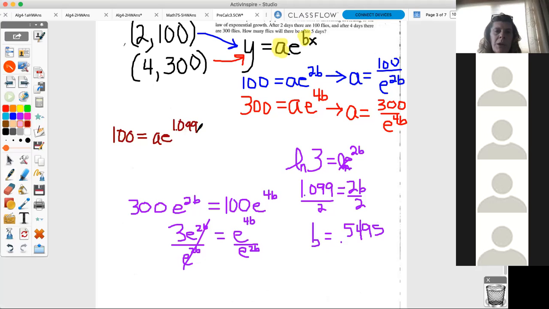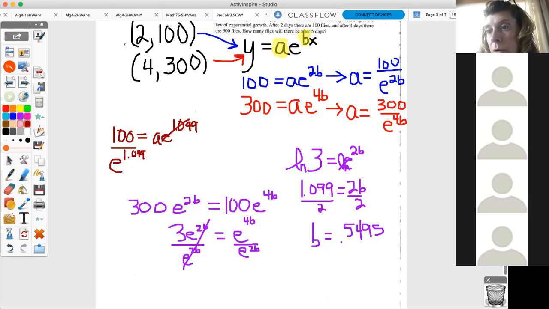Okay, so is everybody good with what I just did? Yeah. All right, so now I have to divide by e to the 1.099. So I'm going to take 100 divided by e to the 1.099, and I'm getting approximately 33.3 flies. Well, I can't have 33.3 flies, so I can have 33. So my a, my starting value of flies, would be about 33.